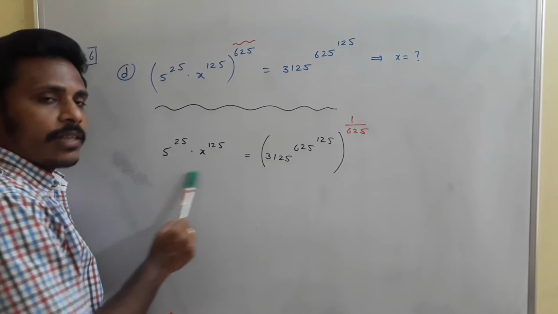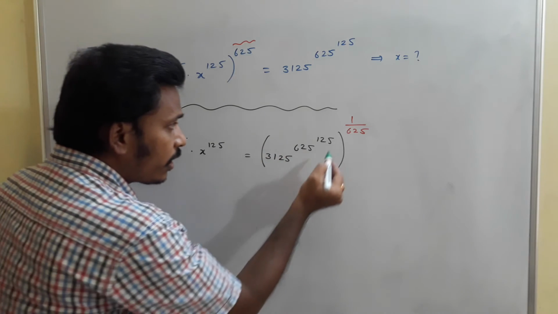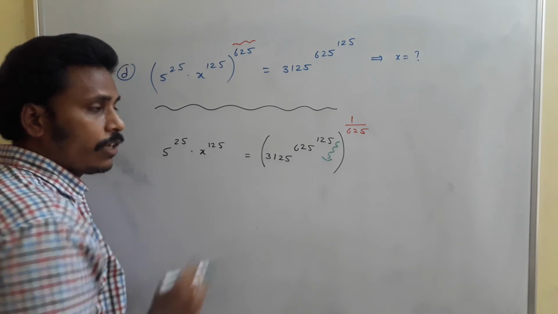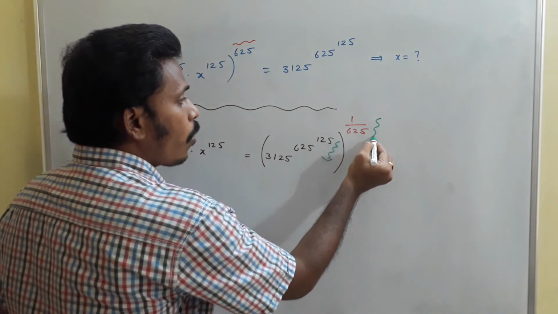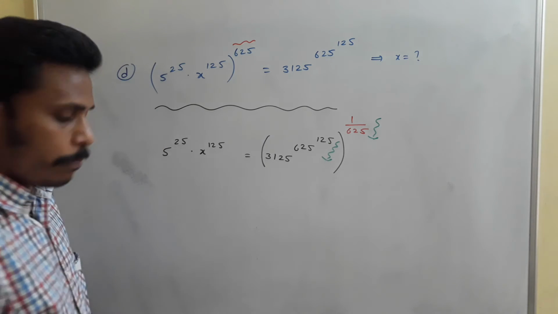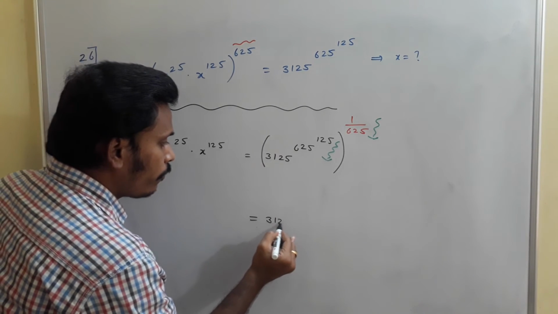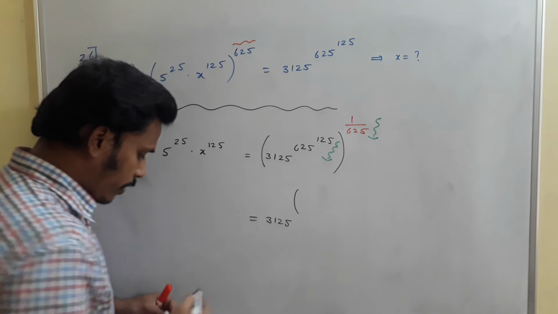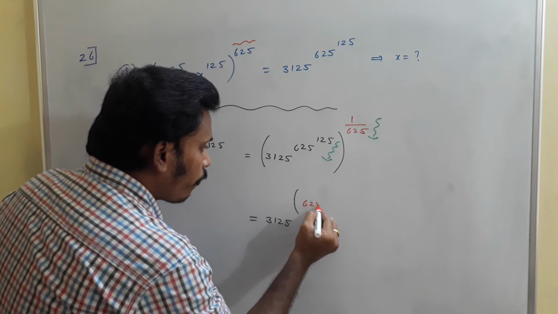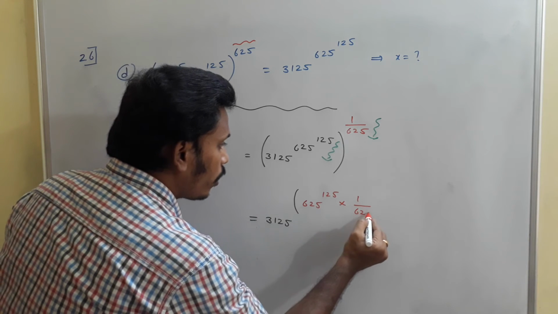Now you just observe. You just leave this left side part for some time and try to simplify the right side part. Here, this 625 to the power 125 is the power of this 3125, and here it is 1 by 625. So m and n, you just try to multiply. If you multiply those two parts, this is equal to 3125 to the power 625 to the power 125 into 1 by 625.